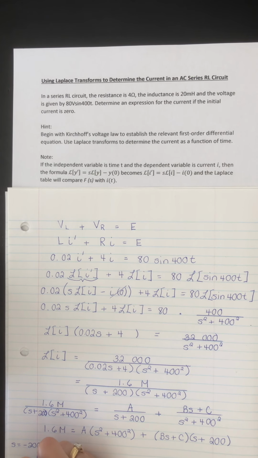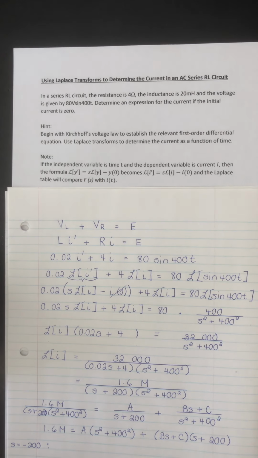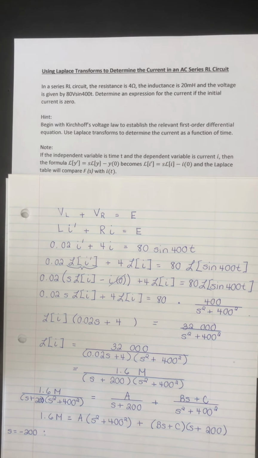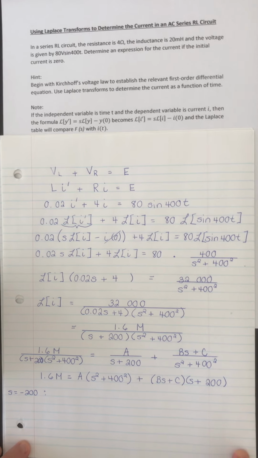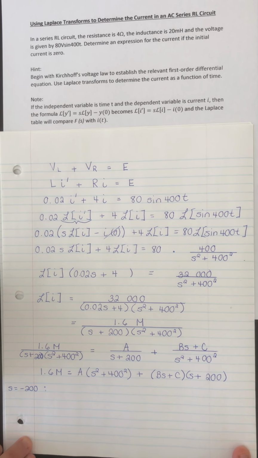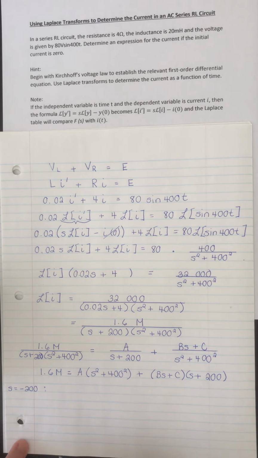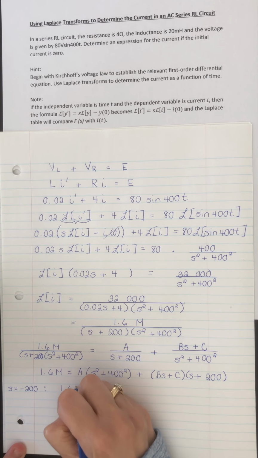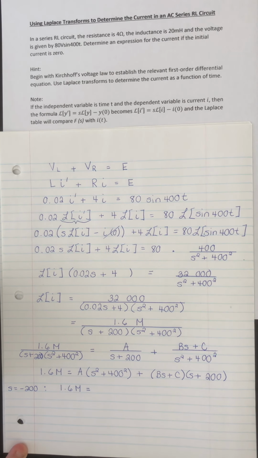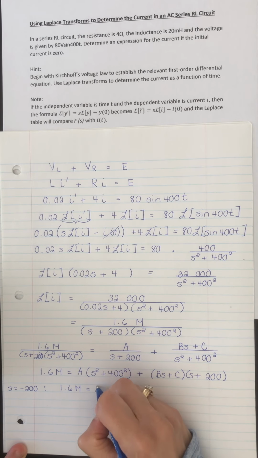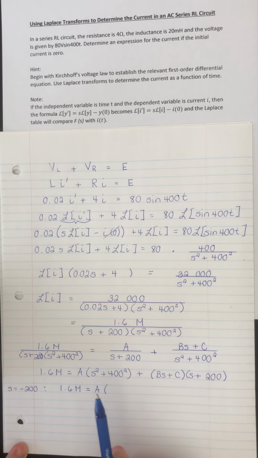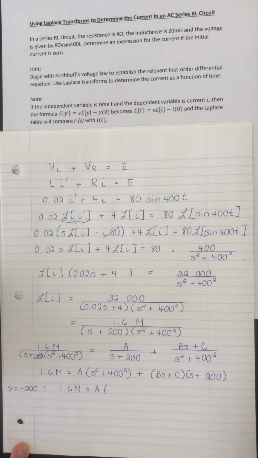We substitute s equals negative 200. Now, when that is substituted into the left-hand side, nothing changes. When it's substituted into the right-hand side, this bracket becomes negative 200 all squared plus 400 squared.